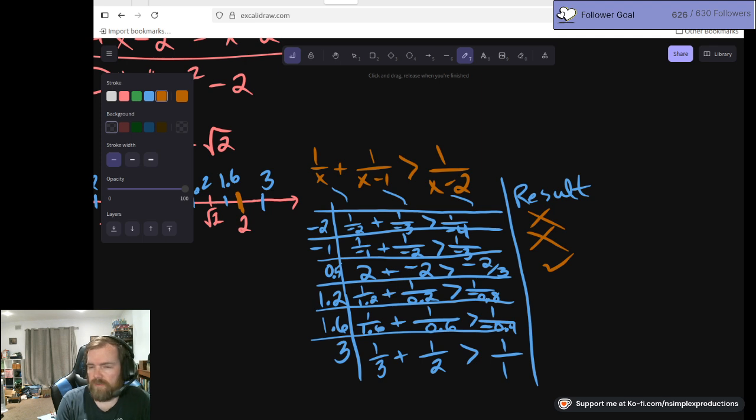That is true. Again, positive plus positive is greater than negative. True. And then 3 makes this a third plus a half was 5/6 is greater than 1, which is false.